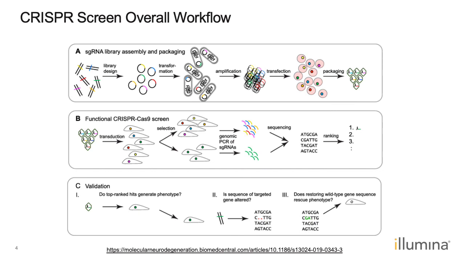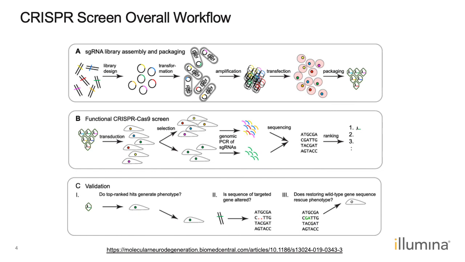Lastly, what we can do from here is perform further validation of our potential ranked candidate genes by, A, a small-scale repeat of the experiment to confirm that the genes identified produce the phenotype under investigation; B, sequence-based verification that the target gene or genes were altered in the screen to begin with, so again, we could sequence here via Illumina sequencing; and C, by restoring the wild type gene sequence to see if this rescues the selection phenotype, for example.